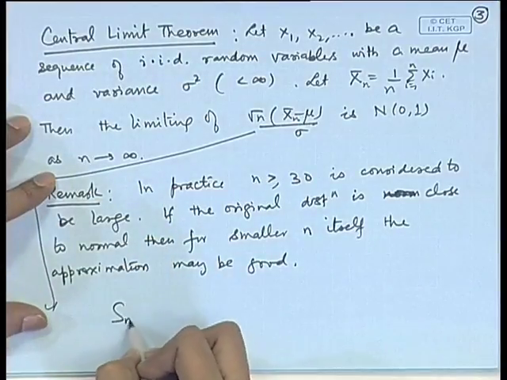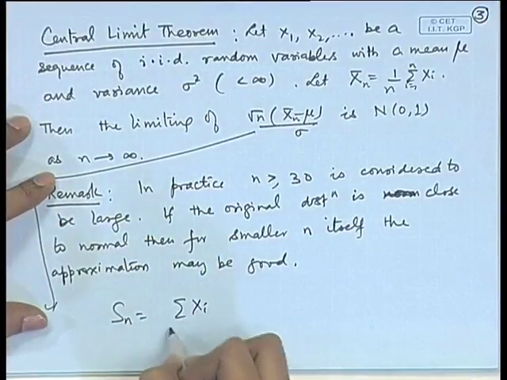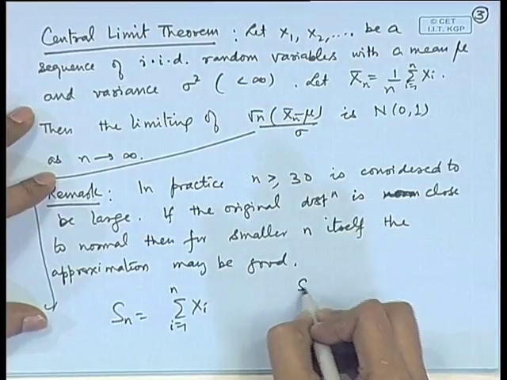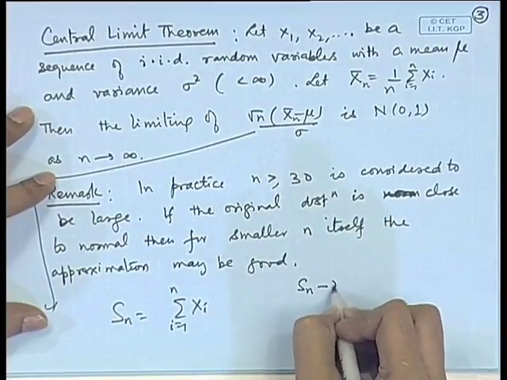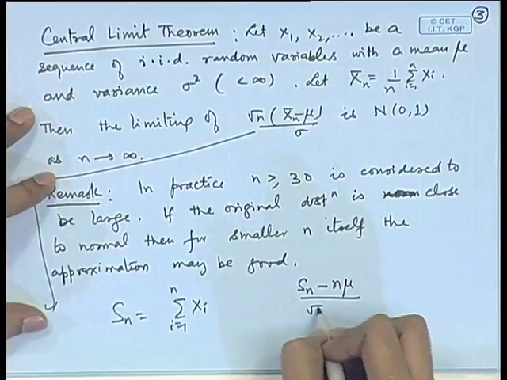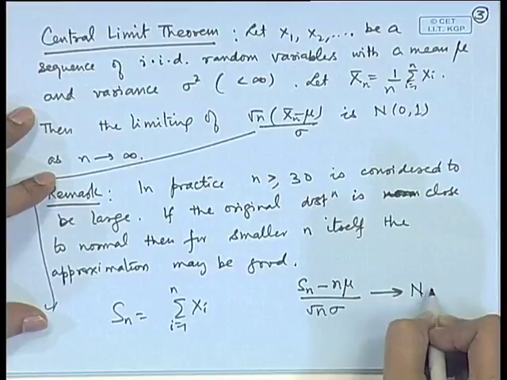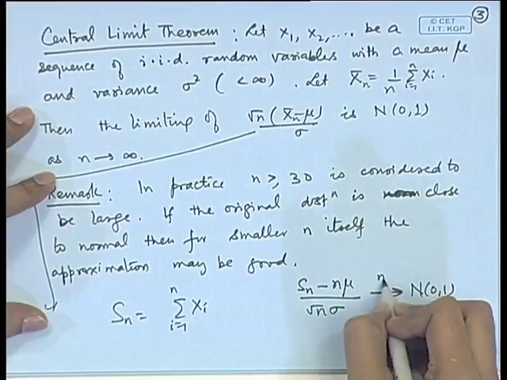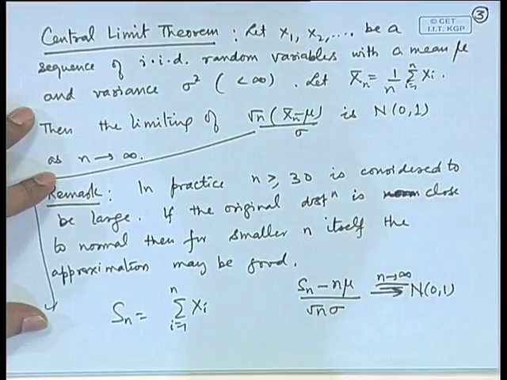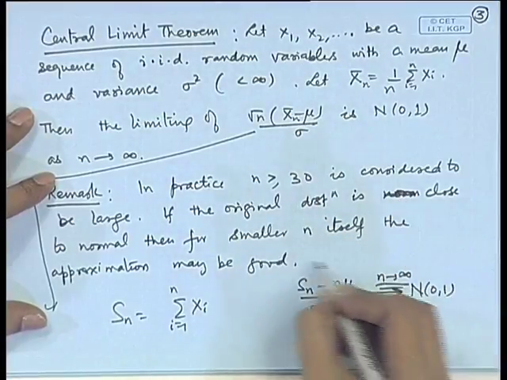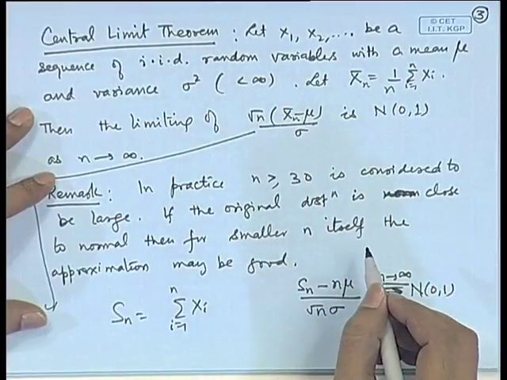Suppose I define S n is equal to sigma x i, i is equal to 1 to n, then an equivalent form is that (S n minus n mu) by root n sigma will be converging to a standard normal random variable as n tends to infinity. So, the binomial approximation to normal is actually a special case of the central limit theorem.